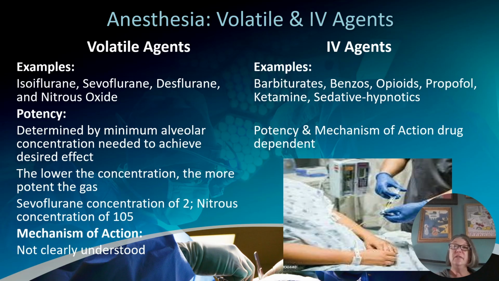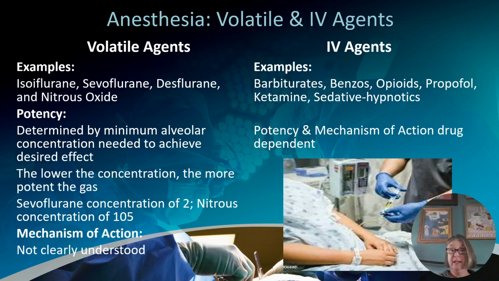So the less of it I need to achieve the desired effect, that means that is a strong gas, right? So if you are having to identify two gases, and you don't even know what they are, whichever one I need the least of to achieve the desired effect, that is my stronger gas, okay?